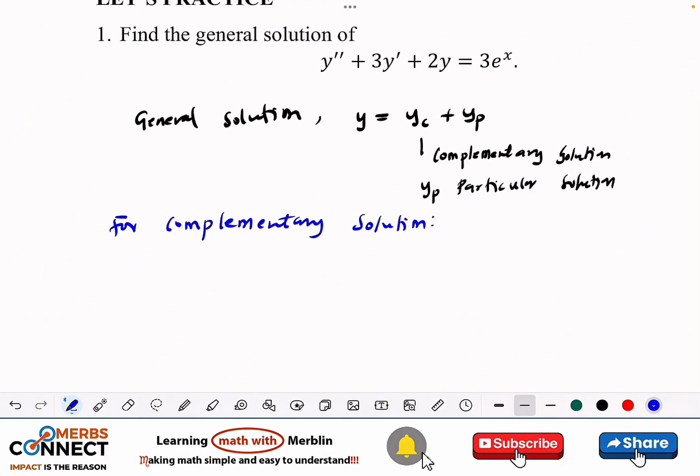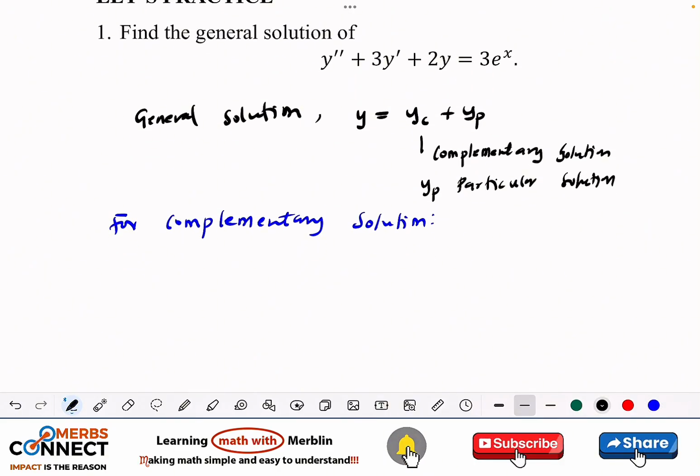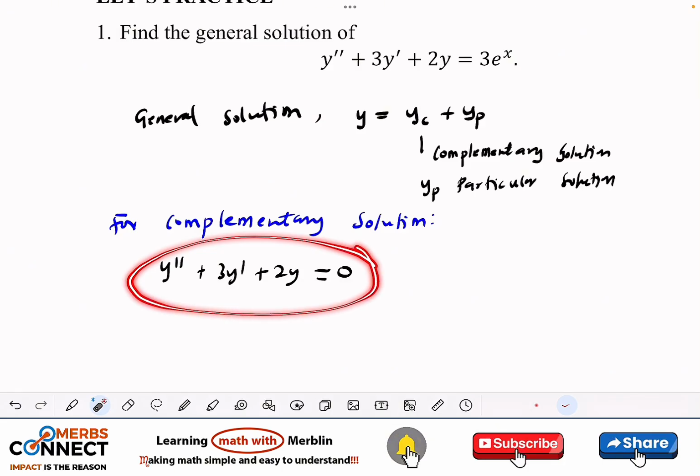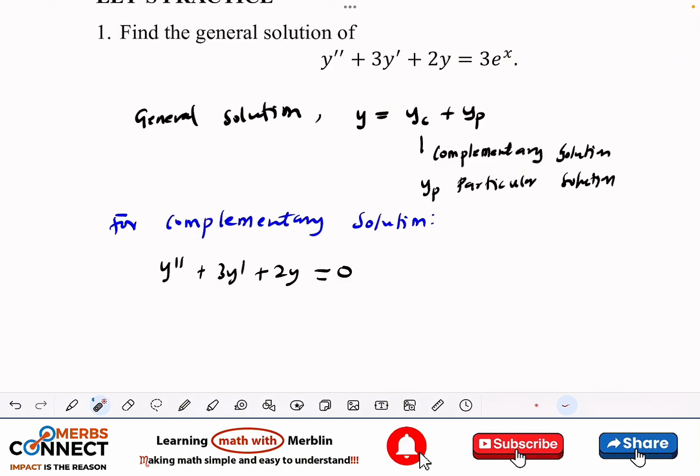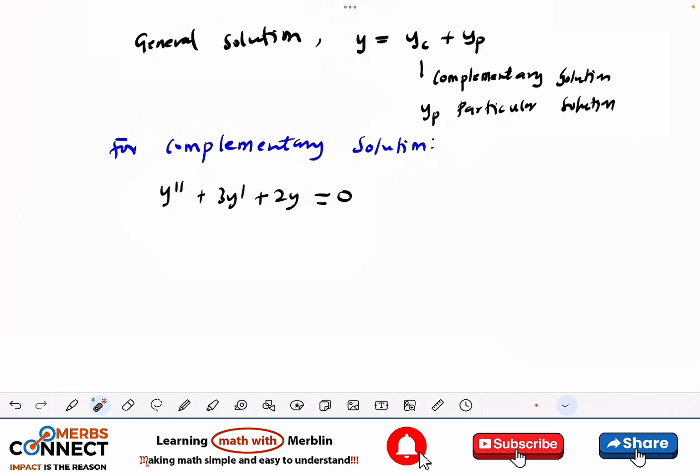So for the complementary solution, we need to consider the homogeneous aspect. So y prime prime plus 3y prime plus 2y should be equal to 0. So we ignore this and we set it to 0. And we know how to do this from the videos that we learned on the homogeneous aspect of the second order differential equation. So I'll be going through this very quick.